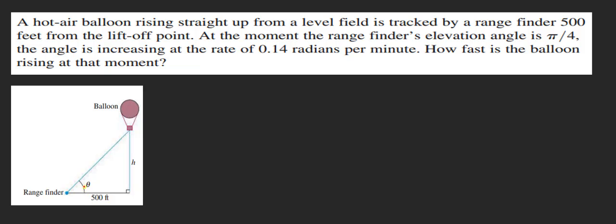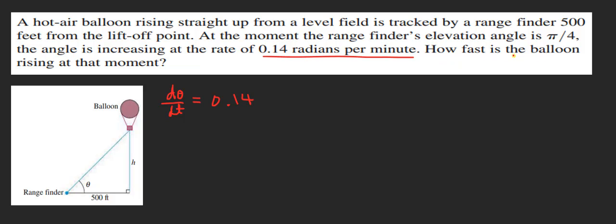That means theta will be pi over 4. The angle is increasing at the rate of 0.14 radians per minute. So that means d theta over dt is 0.14. Since d theta over dt is positive, you know that the angle is increasing.